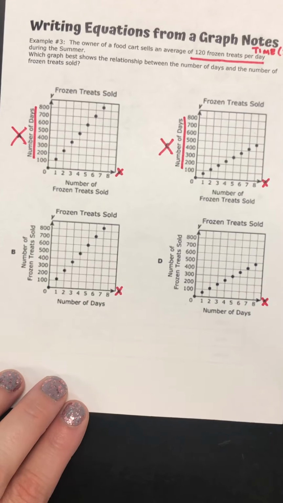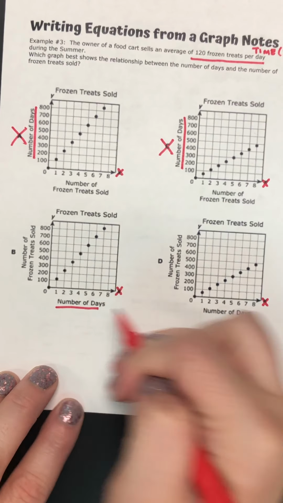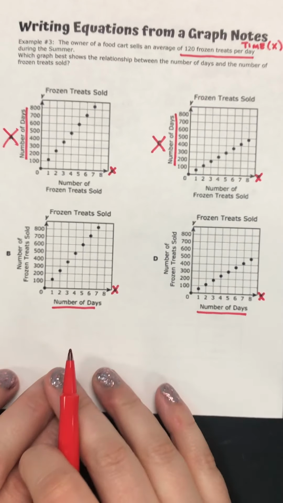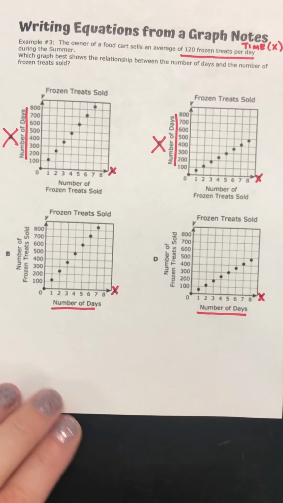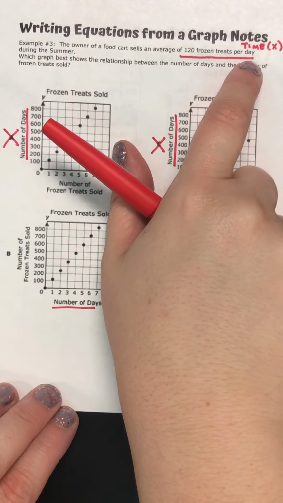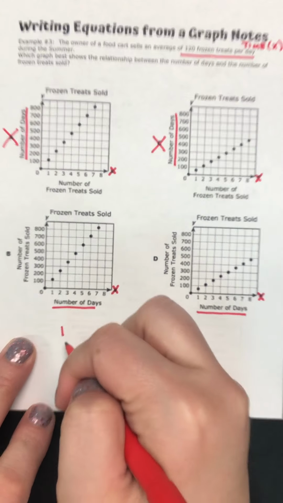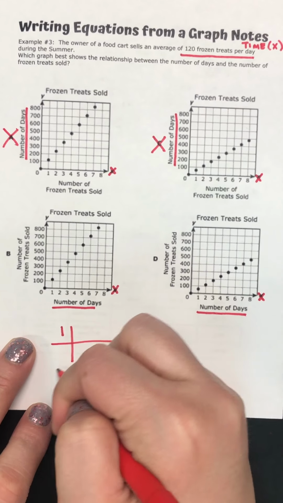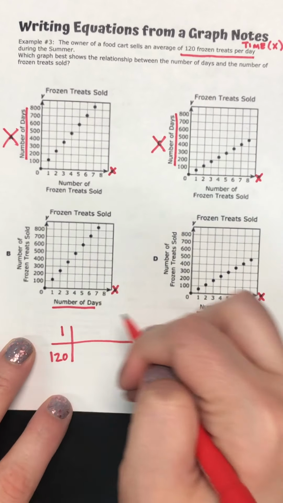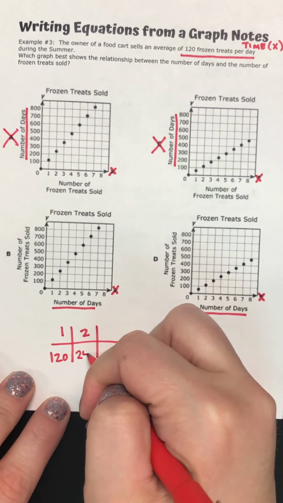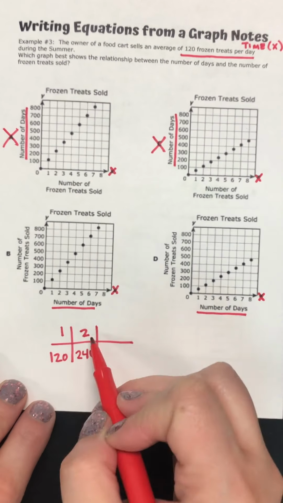Now we're just comparing because we can see the number of days is on the x-axis for both of these, which means it's independent. So we just have to match which one goes with the 120 frozen treats per day. On day 1, they sold 120 treats. Then on day 2, they would sell 240, times 2.